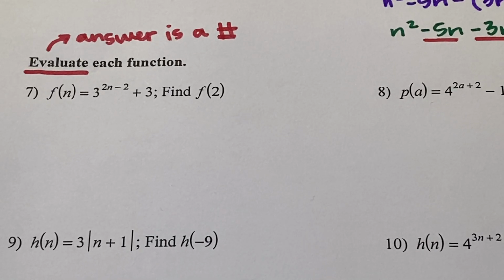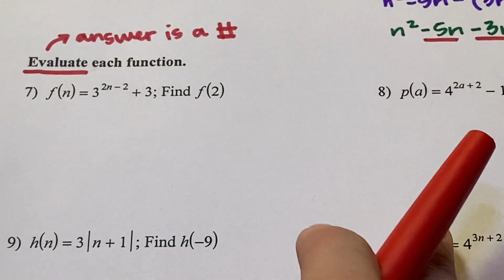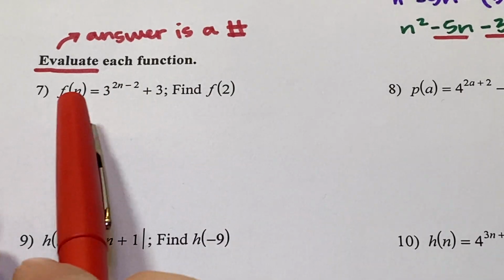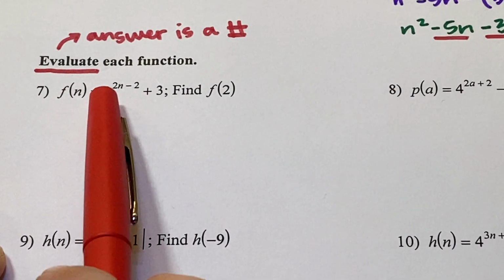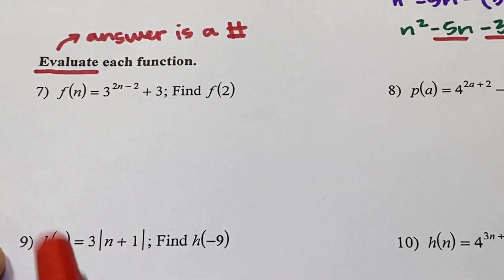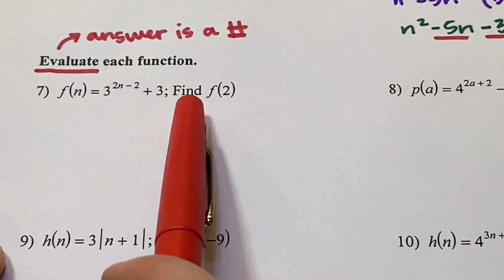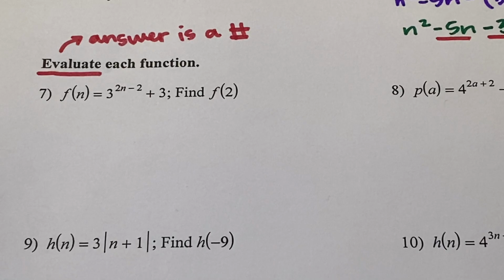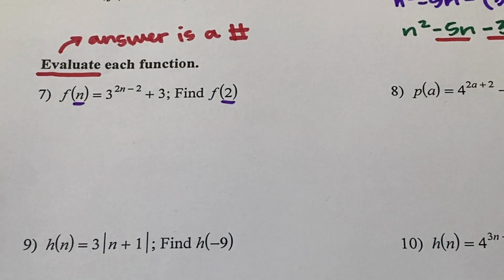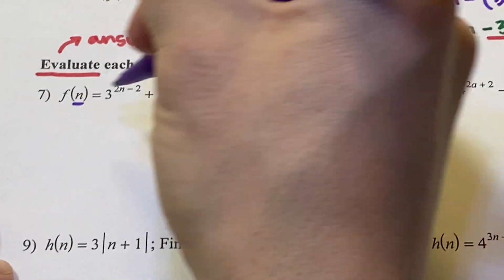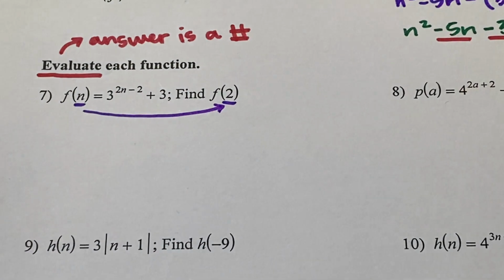If you want to use a calculator, I highly recommend it. It'll help us here. What we are given is just one function this time. Here's my f of n function, 3 to the power of 2n minus 2, plus 3. What it's asking us to do here is take this 2 and replace the n with it. It used to be f of n. Now it's f of 2.